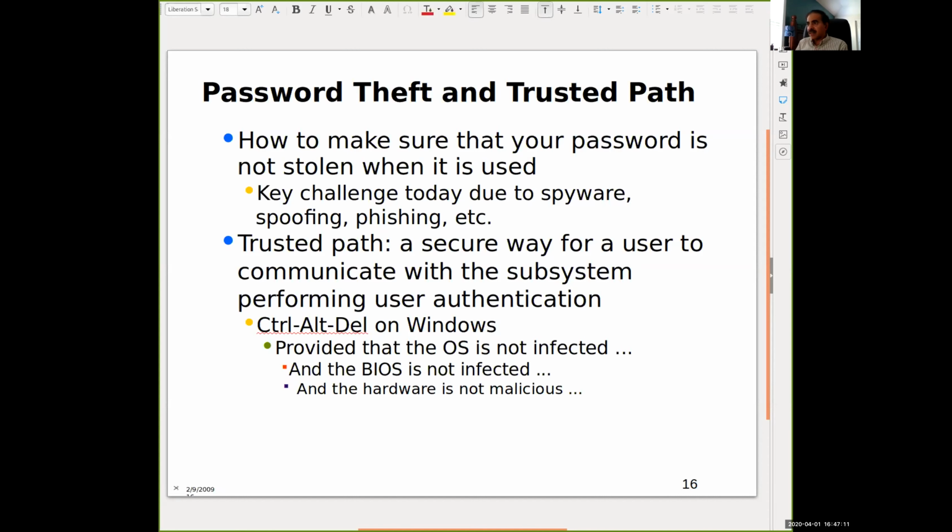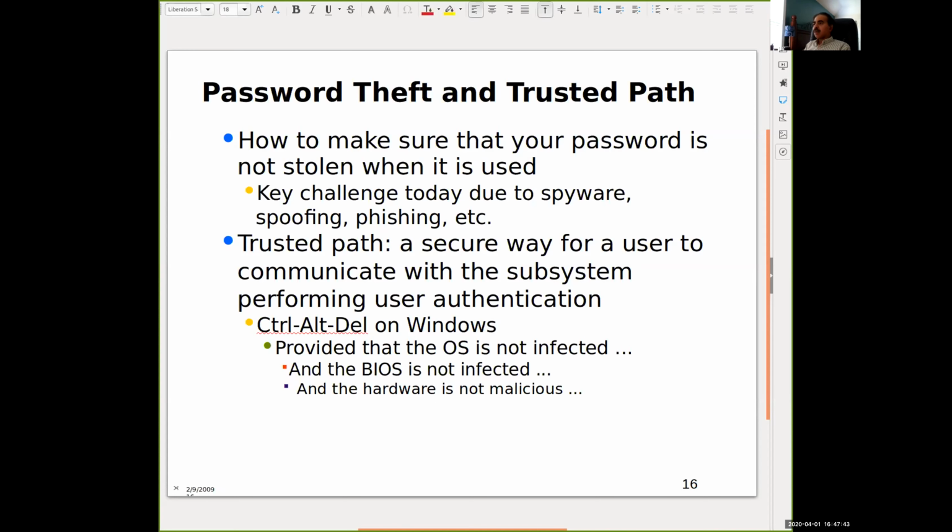So the trusted path here means that the communication path between the user and the system is trustworthy, right? So if some kind of spyware or keylogger is sitting on your computer, then the trusted path property is broken, right? Because some unknown, untrusted entity is able to sniff or intercept the traffic between the user and the system.